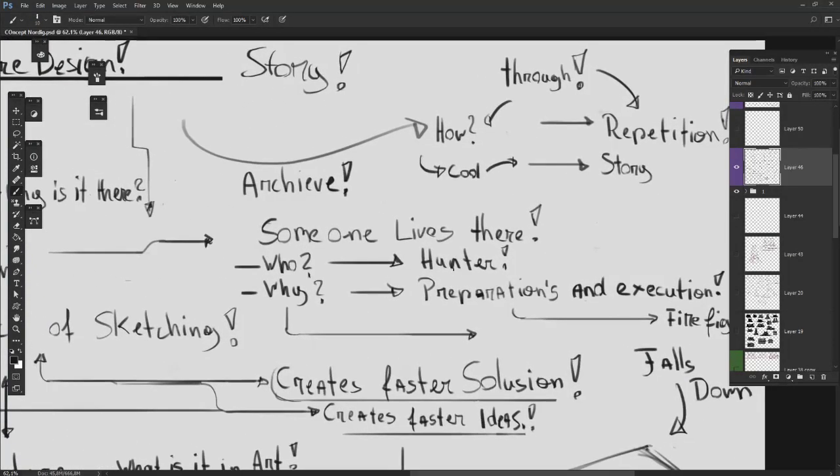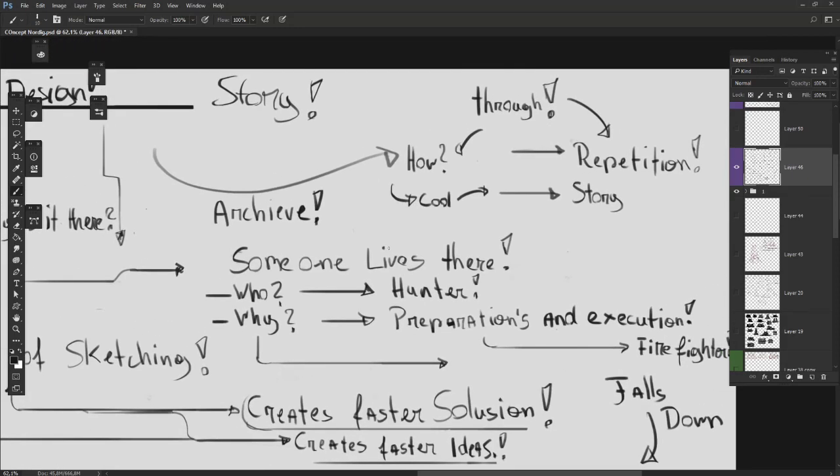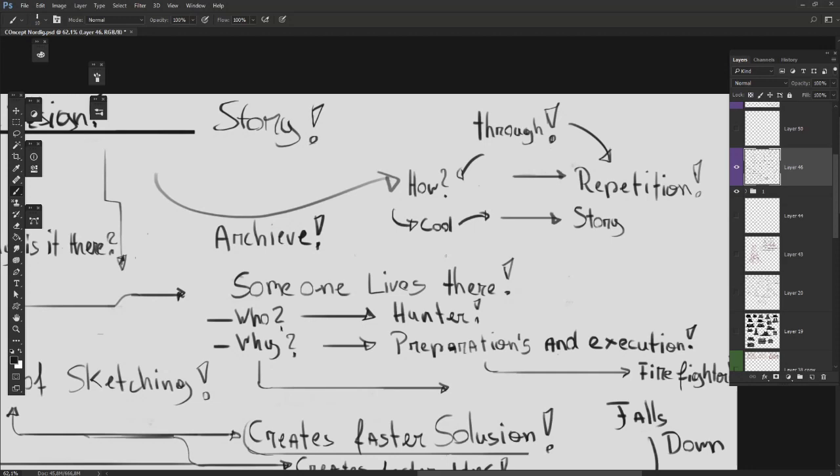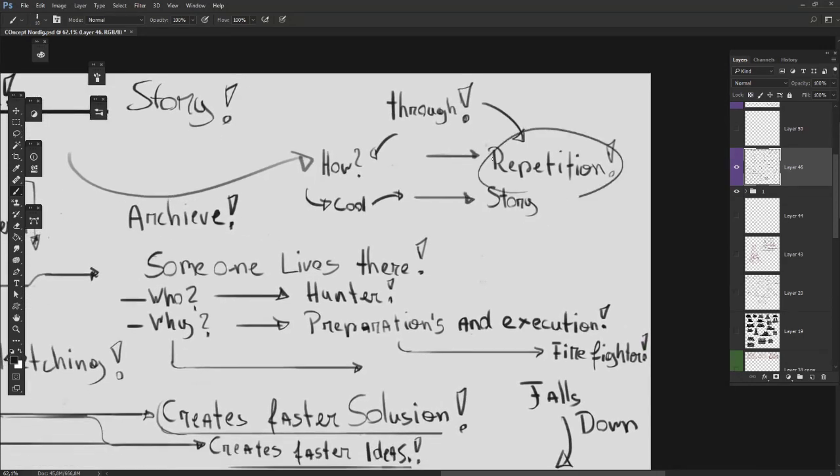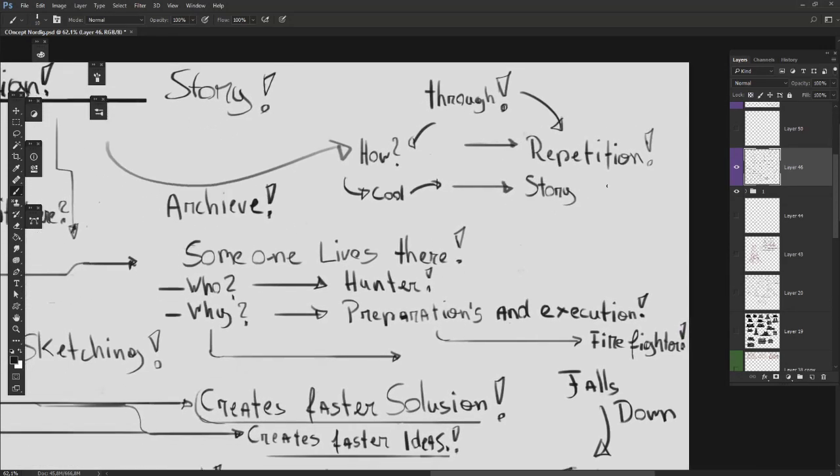Is that house being plundered, or is it made so that someone is living there? Through repetition we can actually achieve that, or through story.